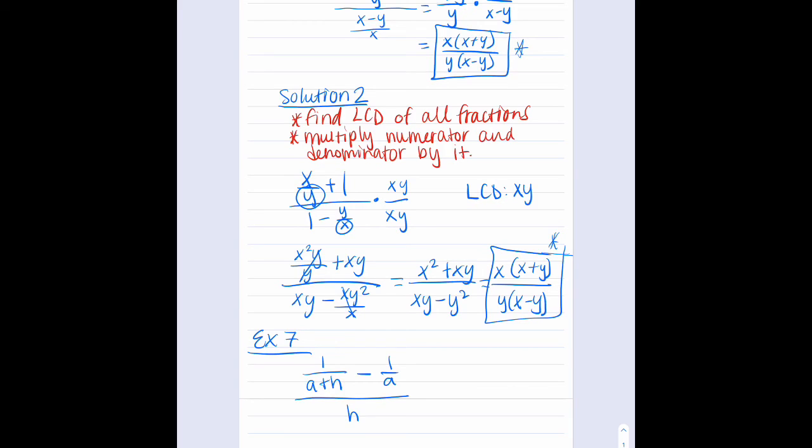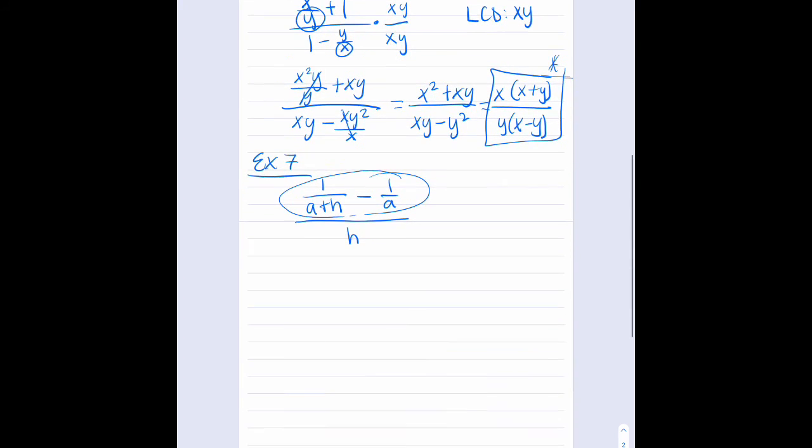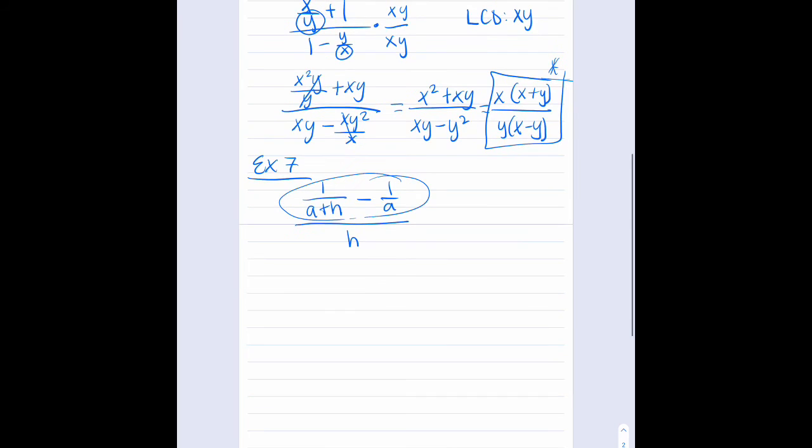So we're only going to be talking about the numerator. We've got to figure that out before we can do anything else. So I'm just going to write the numerator again here, without the h in the denominator.